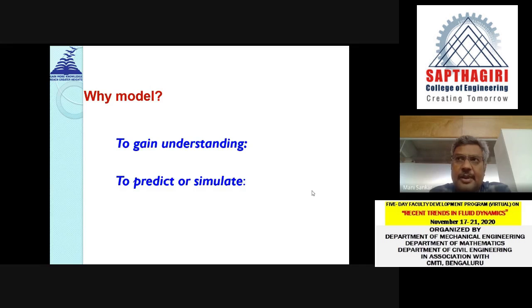See, generally, even if we want to go for an experimental analysis for a particular situation, just think of two situations. In the first situation, you are directly going for the experimental analysis for the given situation, and in the second situation, for the same analysis you have already performed a mathematical modeling, and through modeling you have some information about that particular system, and then with that you are going to design or do some experimental analysis.